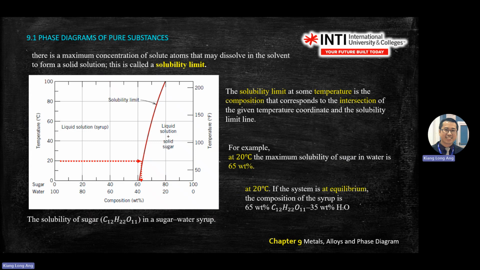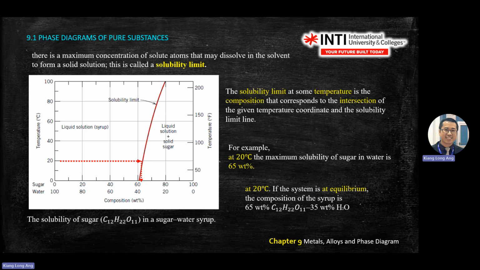So at 20 degrees C, if the system is in equilibrium, the composition of the syrup will be 65% sugar and 35% water. So this is the first equation you derive from the graph. When you see equilibrium, you need to write item A, how many percent, item B, how many percent.